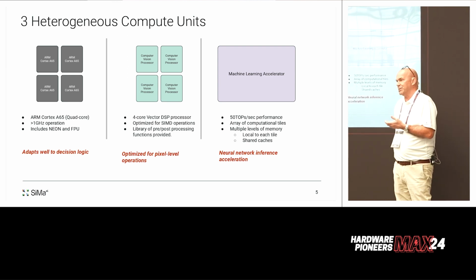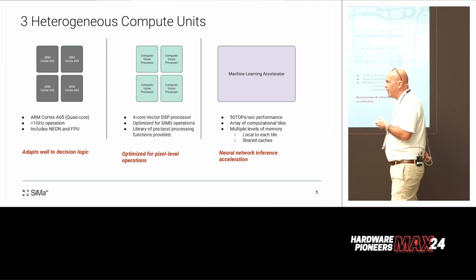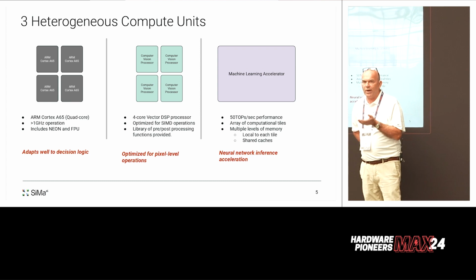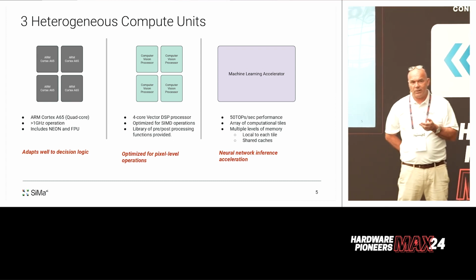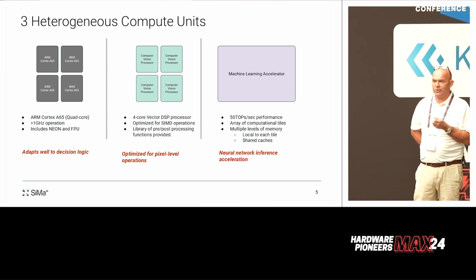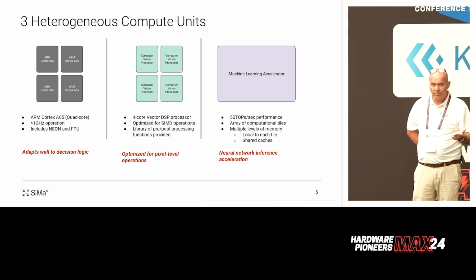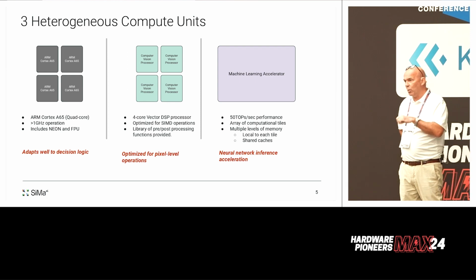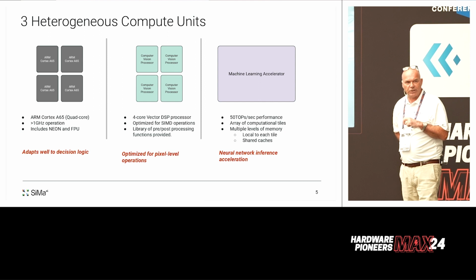The generic CPU is made for that kind of operation. Now, there's nothing in our device that stops you from running image processing on the ARM-E65. A number of our customers actually just simply run OpenCV on the ARM-E65 in our chip. That's fine, but that's not why we put it in there. We put it in there mainly for control logic and decision logic.